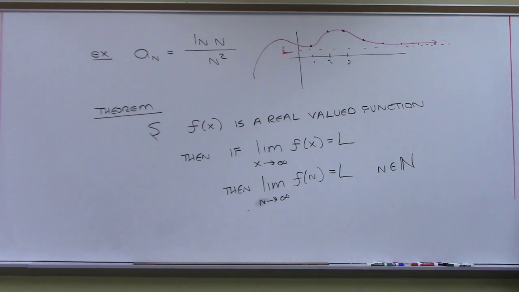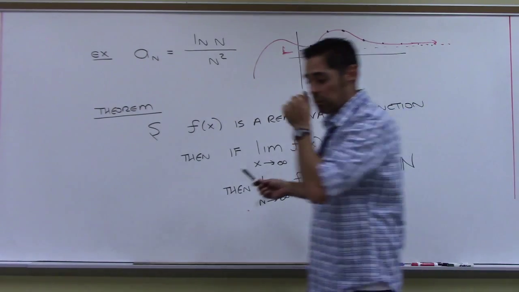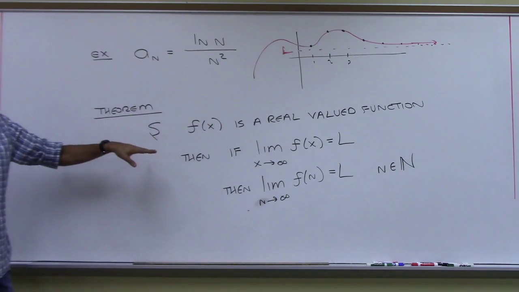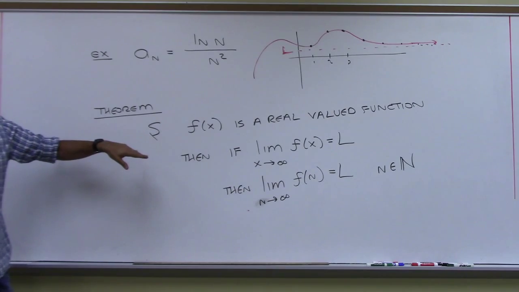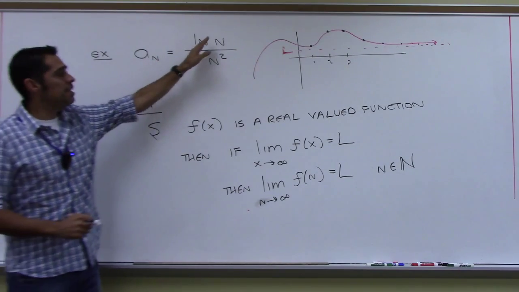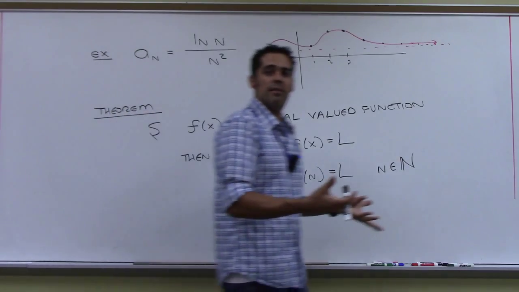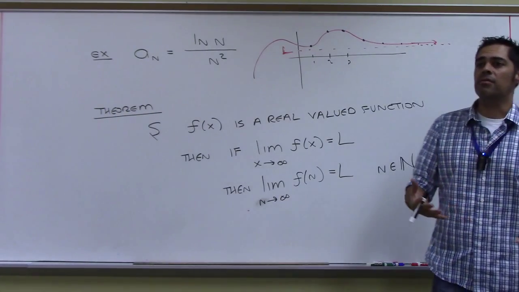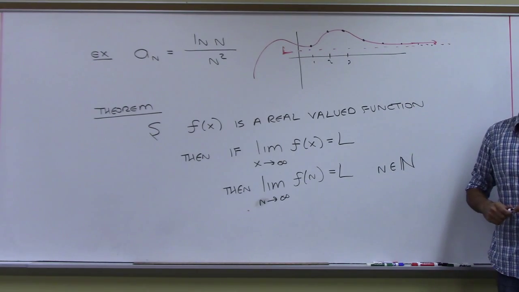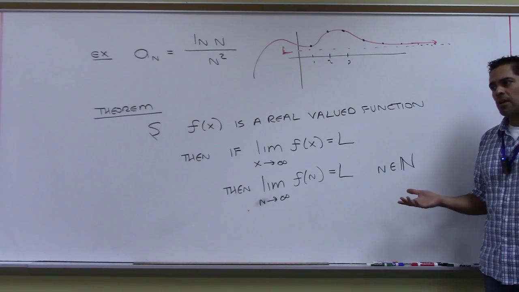Yes? So how can I tackle this problem using this theorem? Look at this as a function of x first. Replace the n's with x's and look at it as a real valued function. Figure out what it does. Whatever it does, that does. So we are going to be able to use L'Hopital's rule.